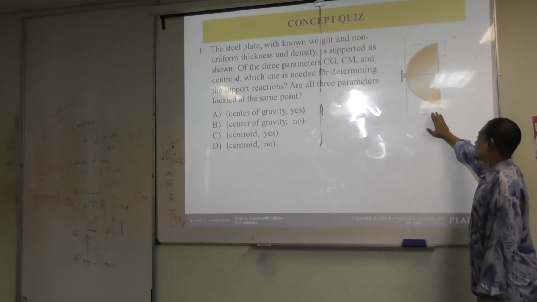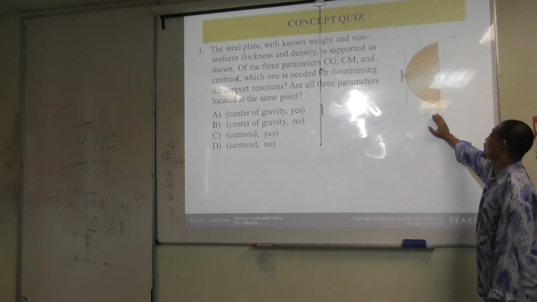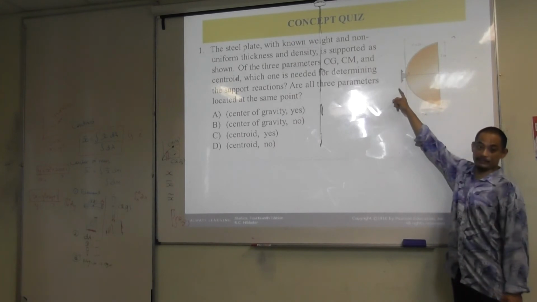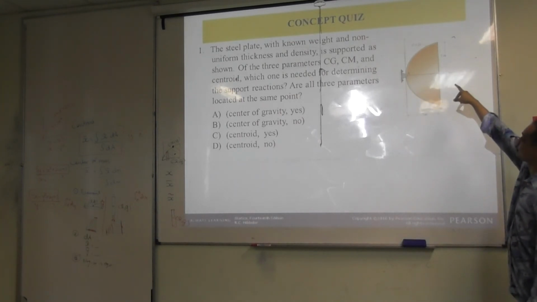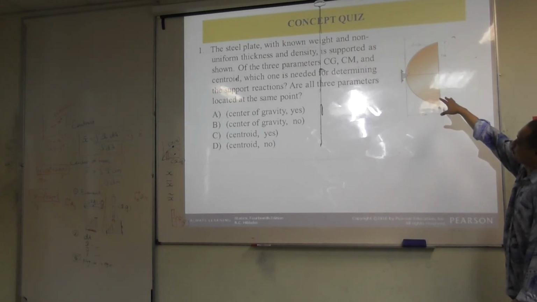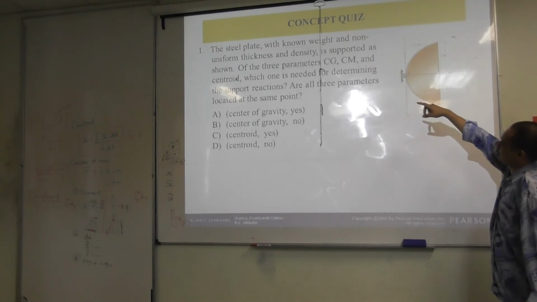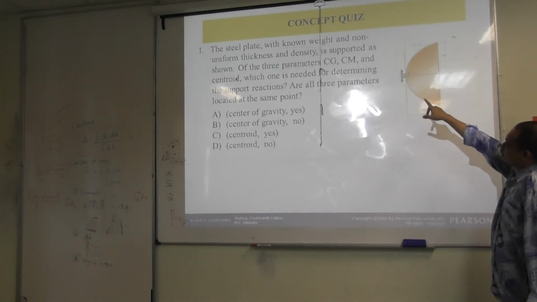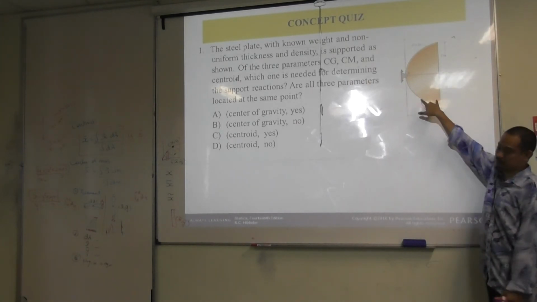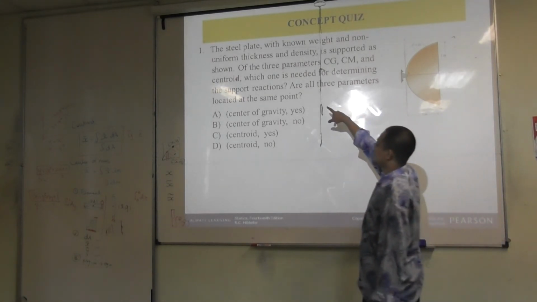If you look at this one, it is actually from a previous chapter that we have covered, where we have roller and pin, right? To solve this steel plate, we know the weight, we know it is non-uniform thickness, meaning the thickness is different, and density, supported by shore. If we want to solve this in the previous chapter, we have to draw the free body diagram. Which of these do we need?